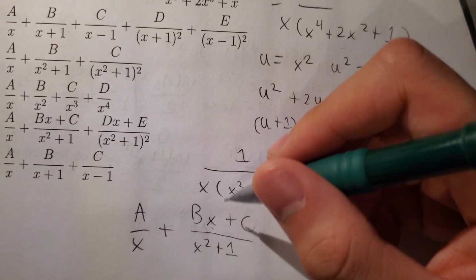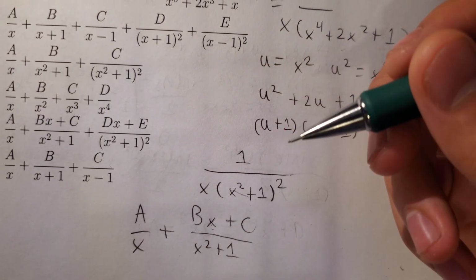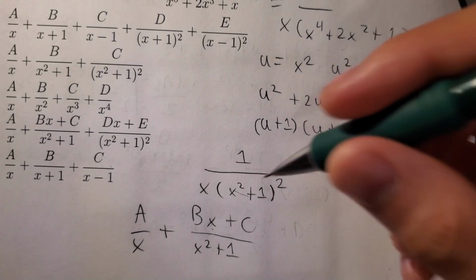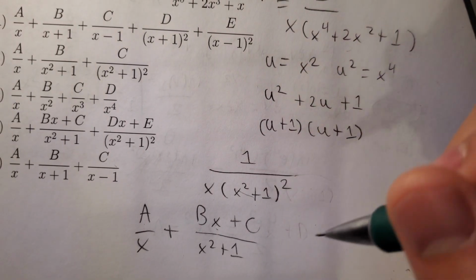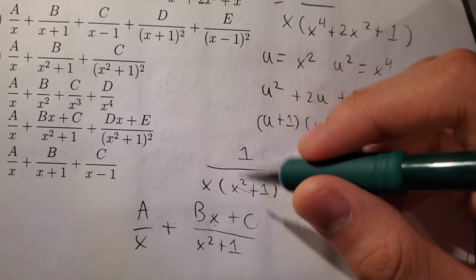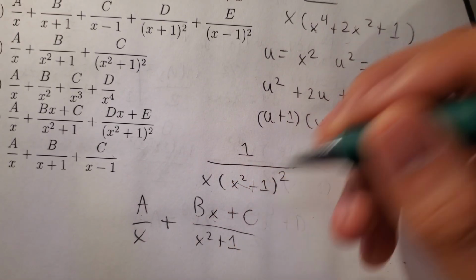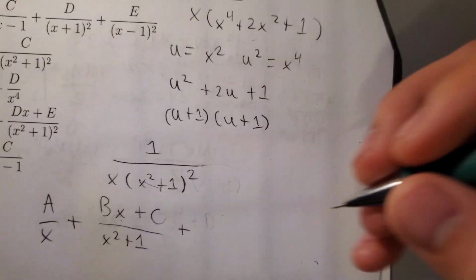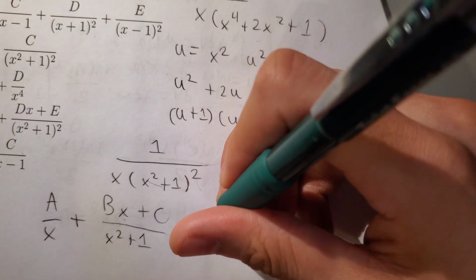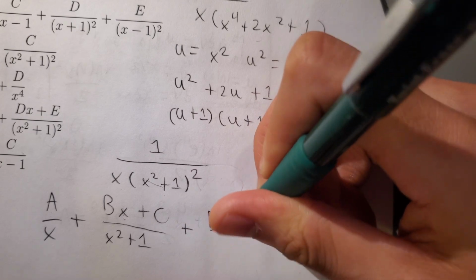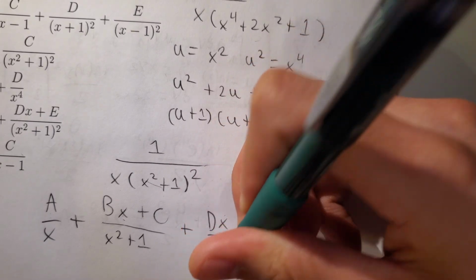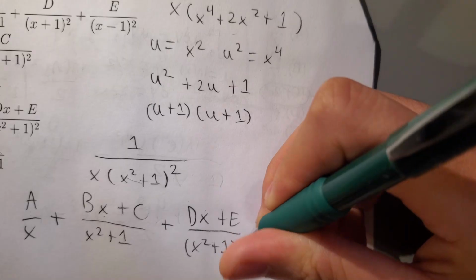So since this is a 2, it's x cubed, this is just x to the first. And then also, since this is a duplicate, we have to do this twice. Each time we do it, the power of the denominator increments by 1. So we'd have a third term, that being dx plus e over x squared plus 1 squared.